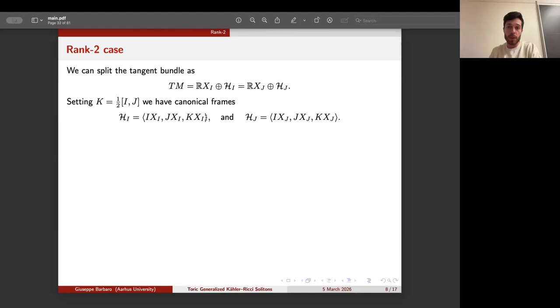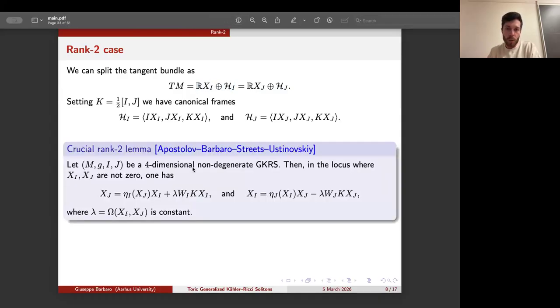So we can do this twice. You might ask, what is xi when I try to read it in the xj decomposition, and vice versa, what is xj when I try to read it in the xi decomposition? Well, it turns out that xj is a multiple of xi and K of xi.